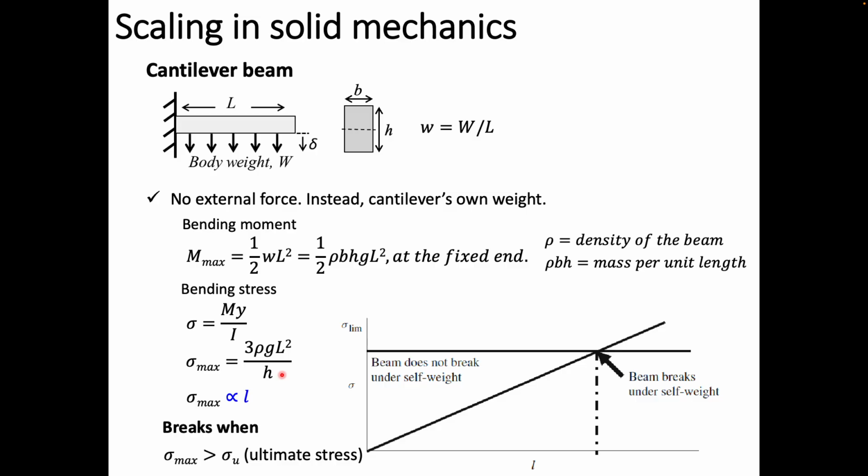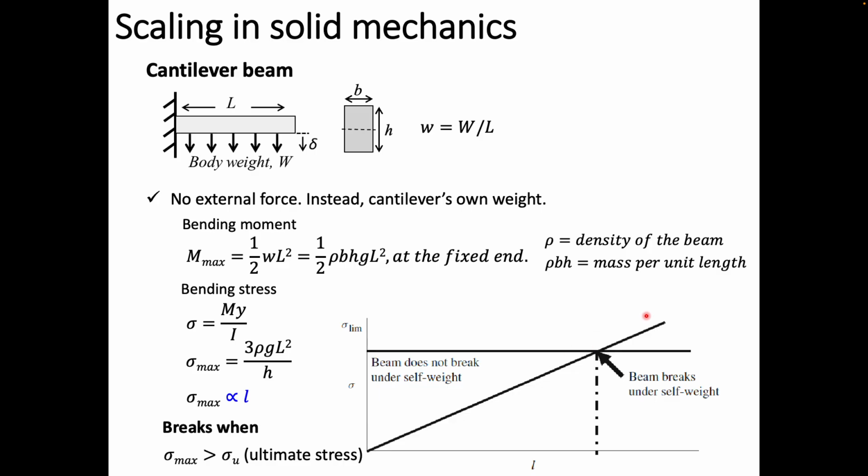Now we are going to apply the scaling law. Which ones have a length scale? This one, L squared and H, right? So if we cancel out, the maximum bending stress is proportional to just the length scale. As you scale up, the maximum stress is going to increase linearly. So we have expressed here the linear relationship for the maximum bending stress.